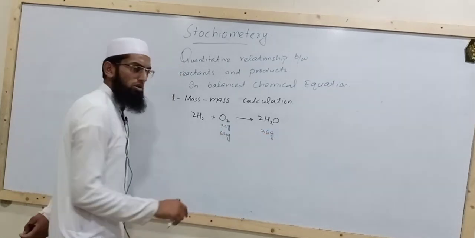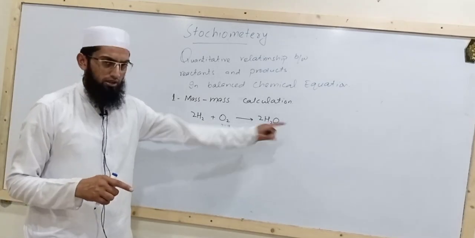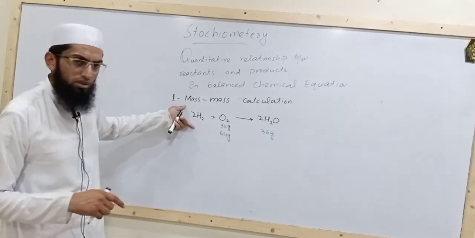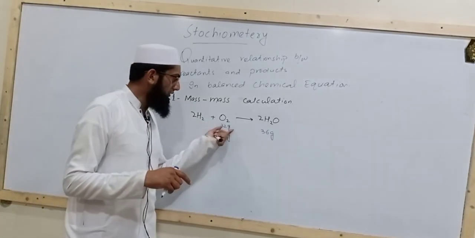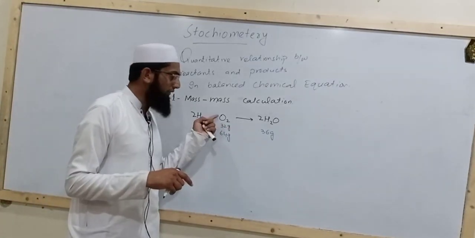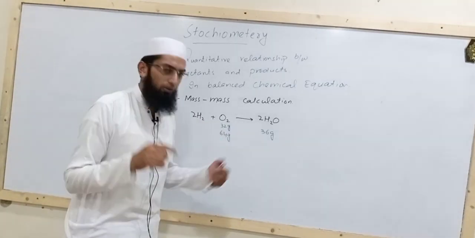Means when we use 32 gram of oxygen, we get 36 gram of water. Of course hydrogen is also used, but I just want to tell you that if 32 gram of oxygen is used, then 36 gram of water will be formed.